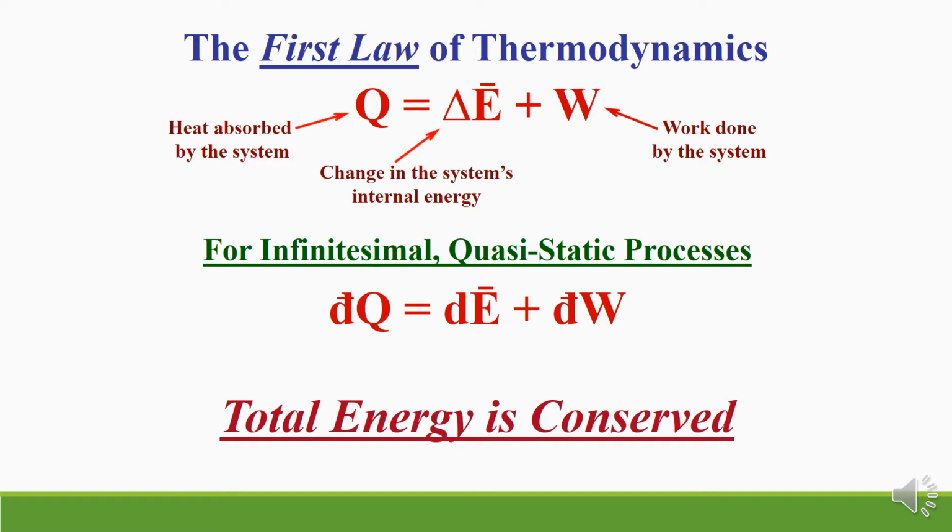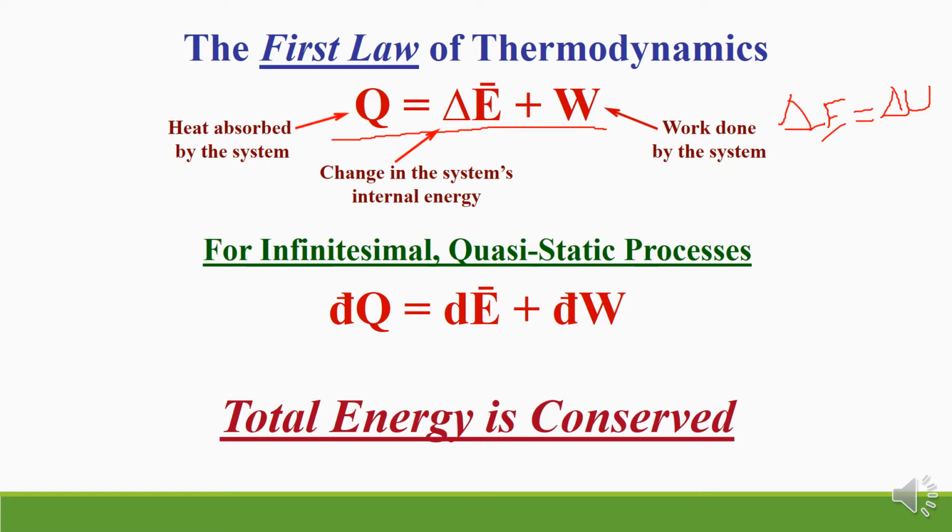So here we have one very simple equation, that is Q is equal to delta E. This delta E is nothing but delta U, that is the change in internal energy, plus W, work done.